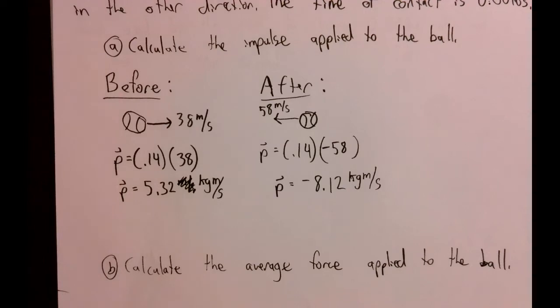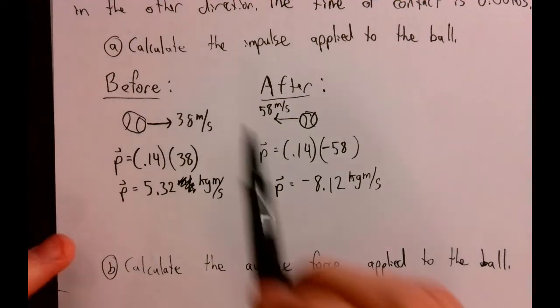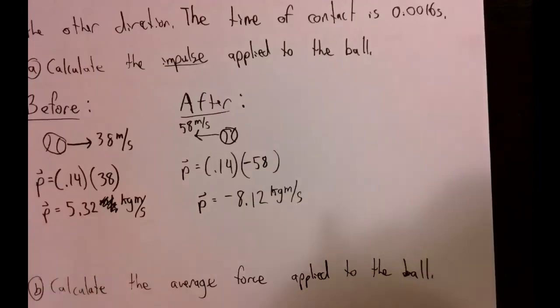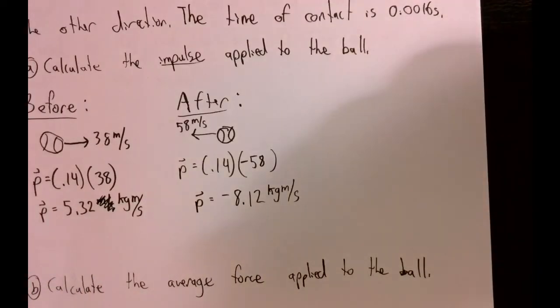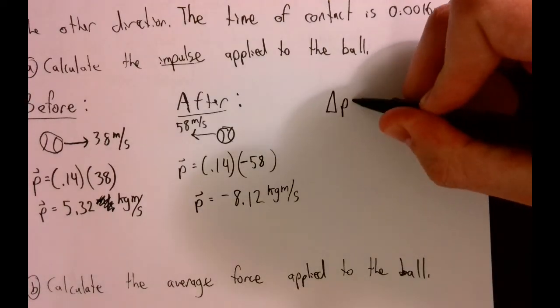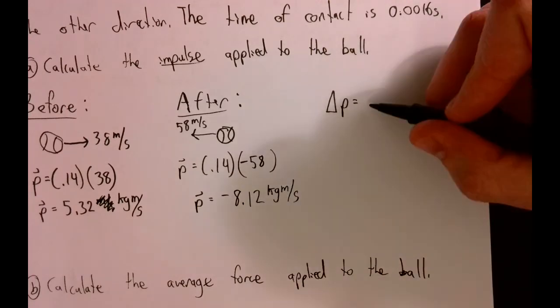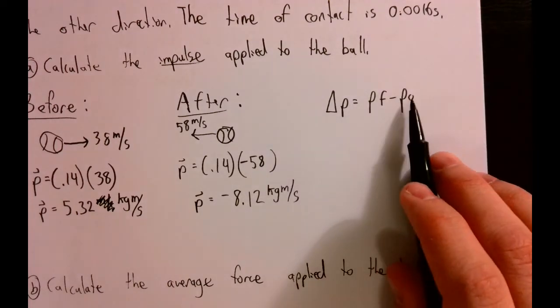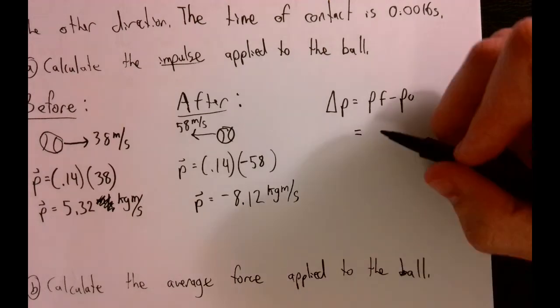Keep in mind, we're trying to get impulse, and impulse is a change in momentum. Here's how we'll get our change. Change is always final minus initial. So the change in your bank account amount is your final bank account amount minus your initial bank account amount. That applies to momentum as well, and anything really, velocity, whatever. We've done that a lot. So change of momentum will be P_f minus P_o, that's final momentum minus initial momentum. So it'll be negative 8.12 minus 5.32.